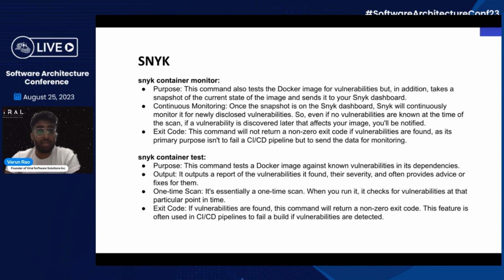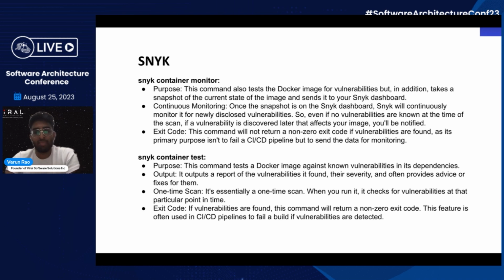The same applies for the snyk container test command. It has the same functionality as snyk container monitor, except instead of publishing the vulnerabilities to a dashboard, you generate a report locally on your laptop or wherever the machine is.